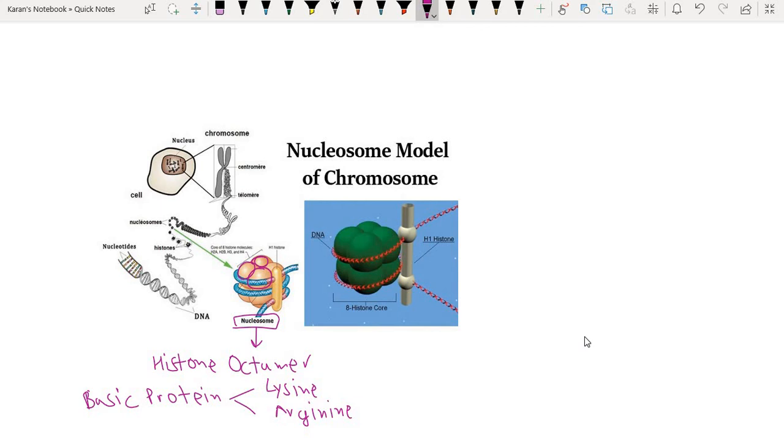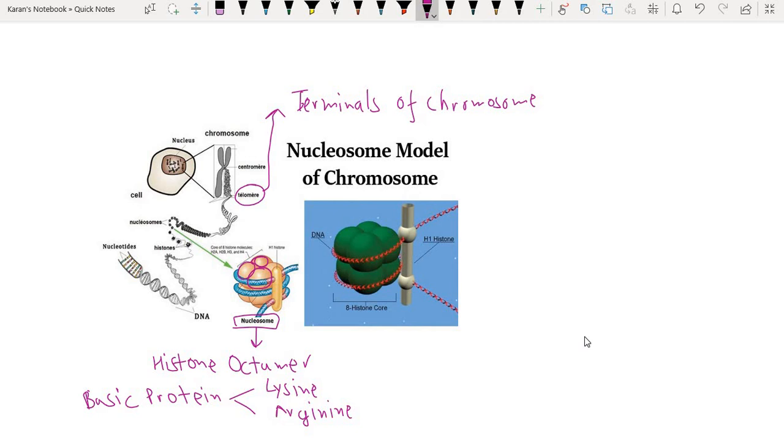And then here also there is one more term, which is telomere. So telomeres are basically the terminals of the chromosome. This is eukaryotic chromosome, and they are the terminals of the eukaryotic chromosome, right?